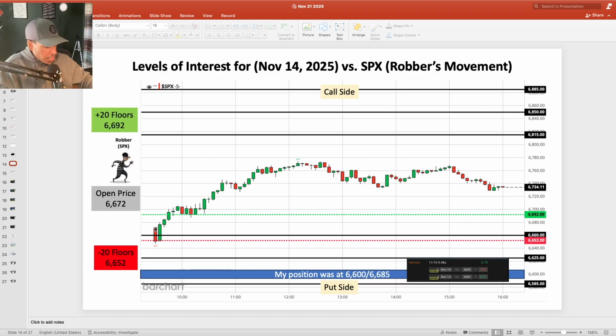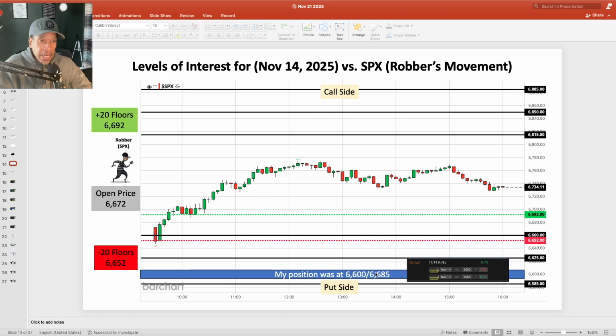So as you can see here, when the market opened, the SPX immediately dropped 20 points below the opening price, and that was actually the low for that particular day. That was the lowest price point that the SPX achieved.